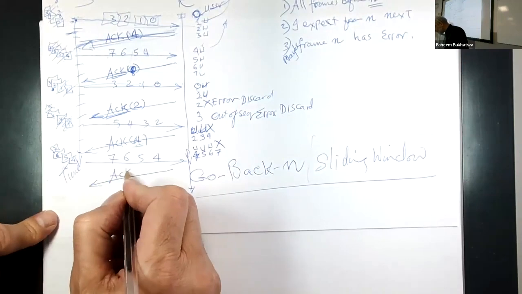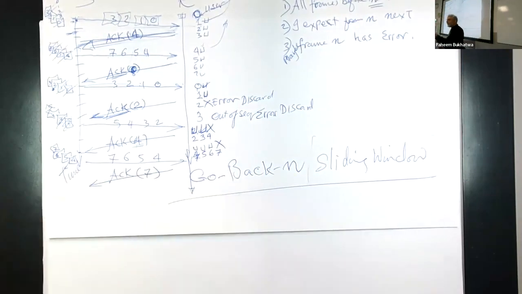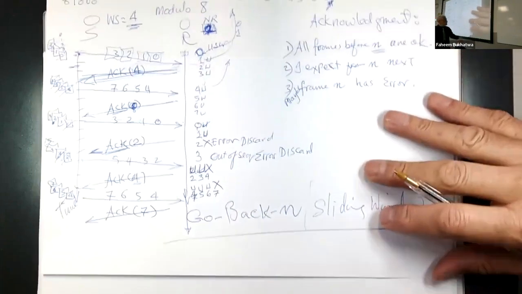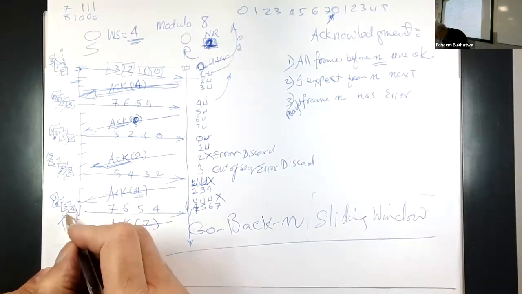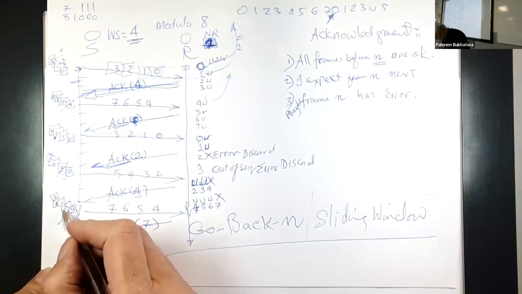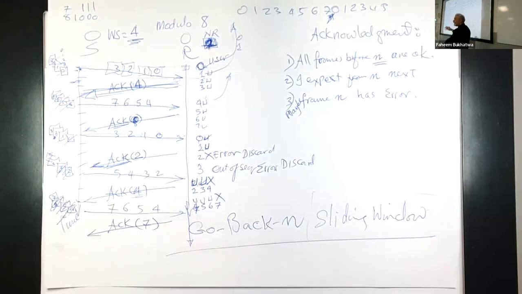See how simple it is? What does acknowledgement 7 mean? That's what acknowledgement means so far. Number 1, all frames before number 7 are okay. That means the sender will say, okay, before 7, that means 4, 5, and 6 are received, I'm going to delete them off my memory.